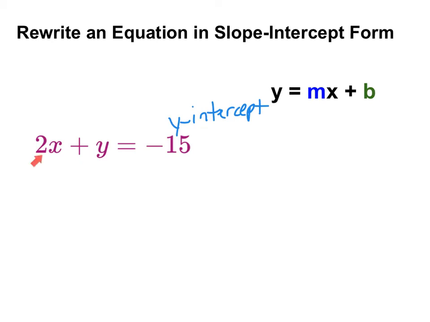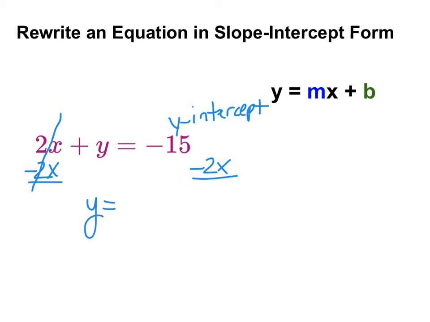What I need to do is move this 2x to the other side of the equation, and I'm going to use algebra to do it. So the opposite of positive 2x is -2x. So we're going to add a -2x to this side. And whatever I do to one side of the equation, I have to do to the other. So we're going to add a -2x. On the left side of the equation, 2x plus -2x will cancel, and I'm left with y.